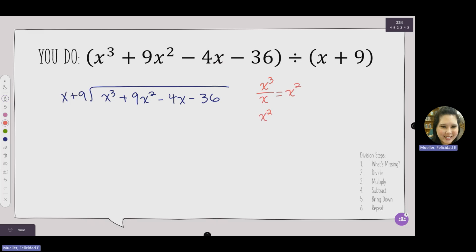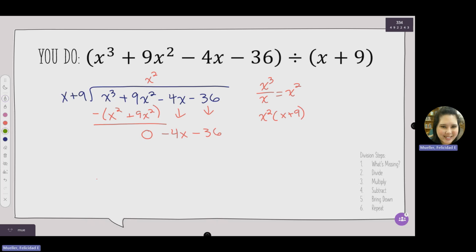And we're going to multiply our divisor by x squared, and we would get x cubed plus 9x squared. When we subtract, we get 0. So this time, because it disappeared, we're going to bring down both the negative 4x and the 36.